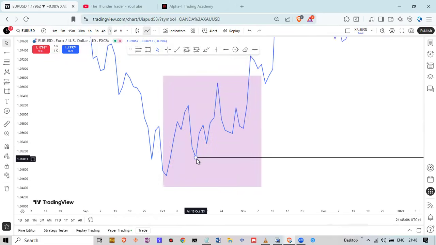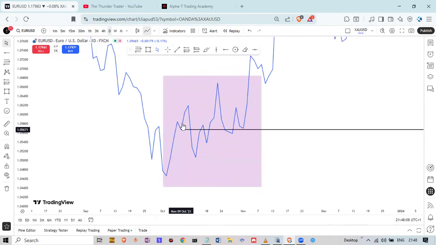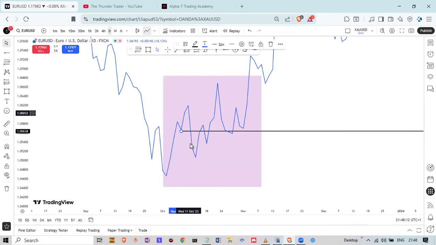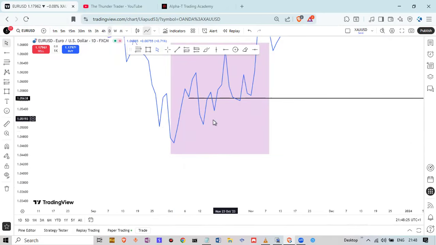Did you see this break here? You can see how price came beneath this little support level here. This is an internal break because it's within this range from this low here to this high here. An external break would have been that price came and broke beneath this level downwards.